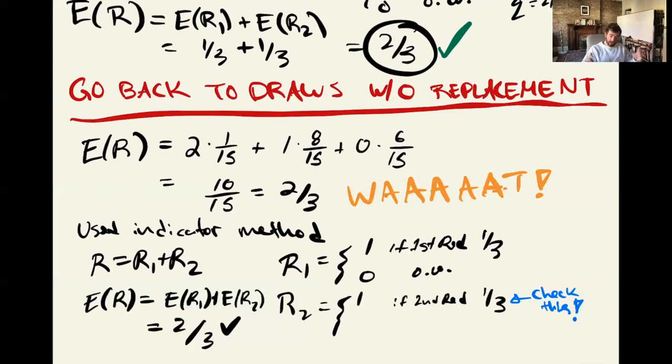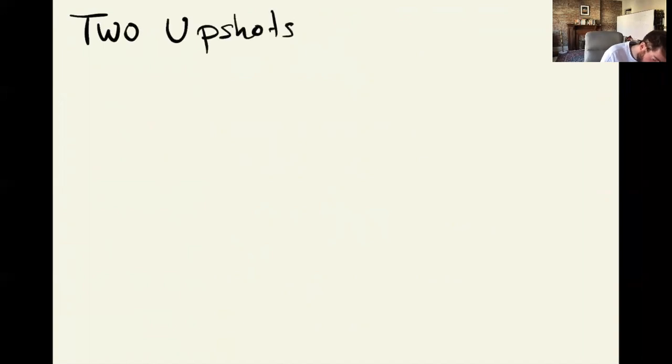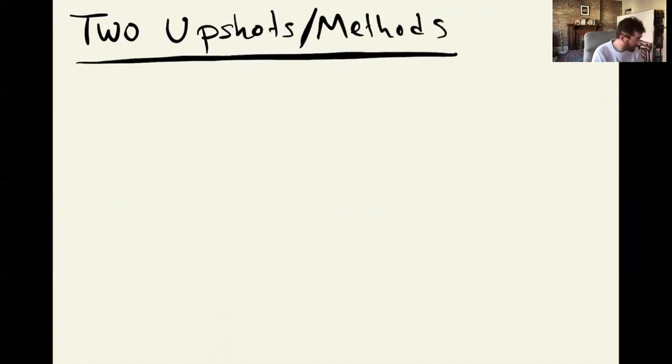But let me go ahead and summarize what we've discovered. So here are the two main upshots, or methods. And this sometimes goes underneath the method of indicators. So the first one is this.